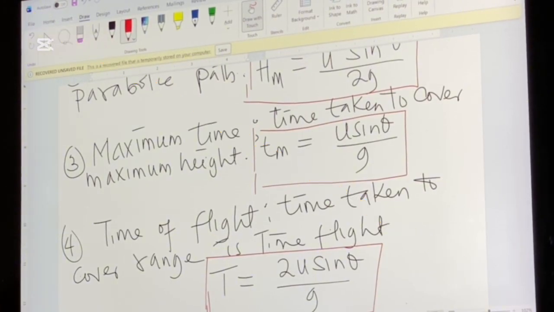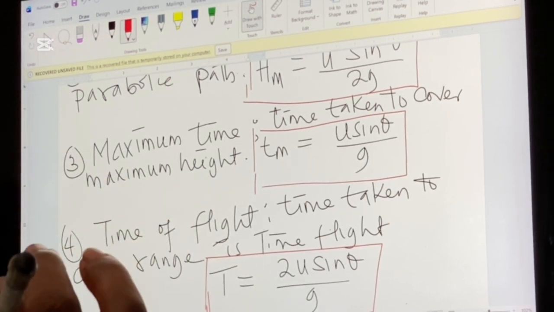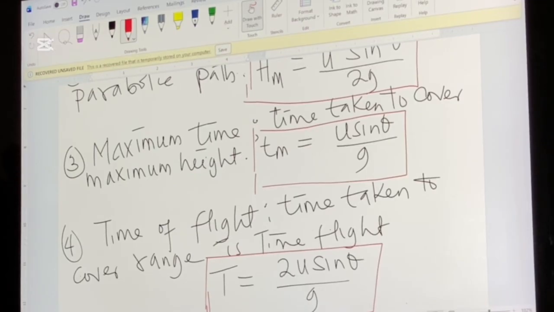If there is no such statement, it means that particular question will be a projectile motion under cliff or tower.